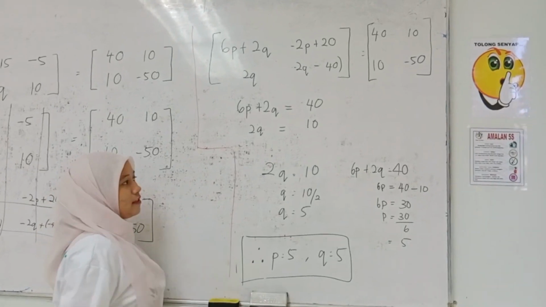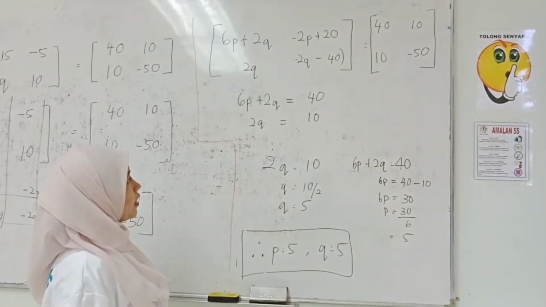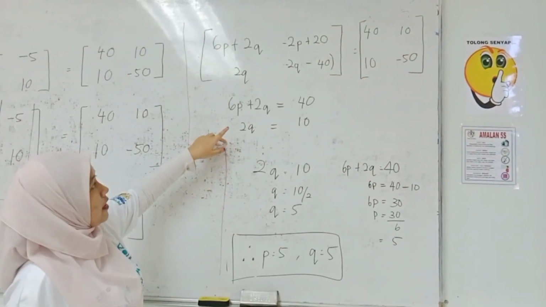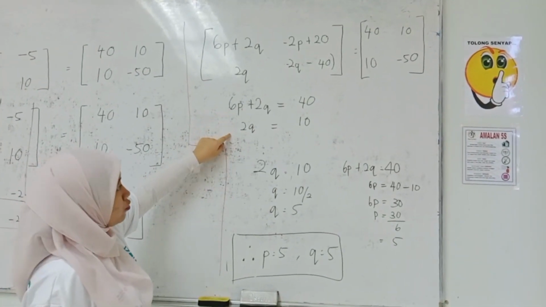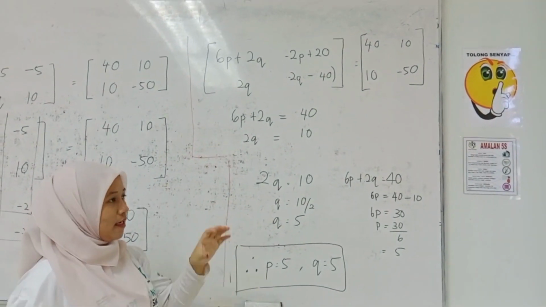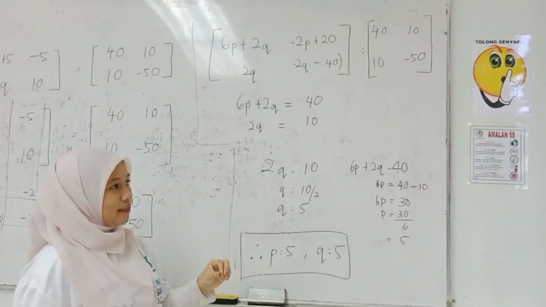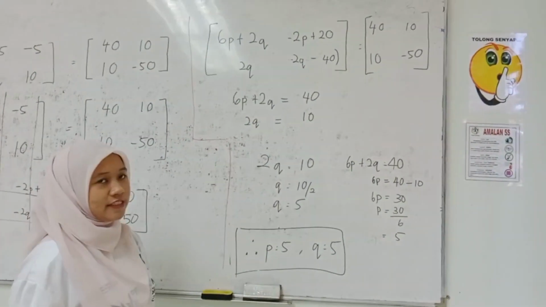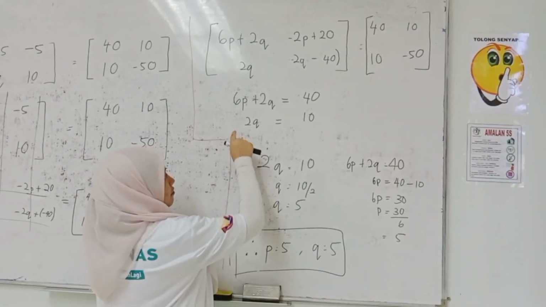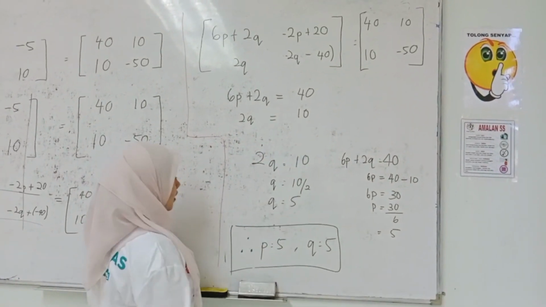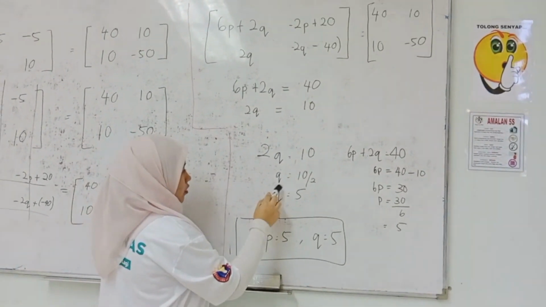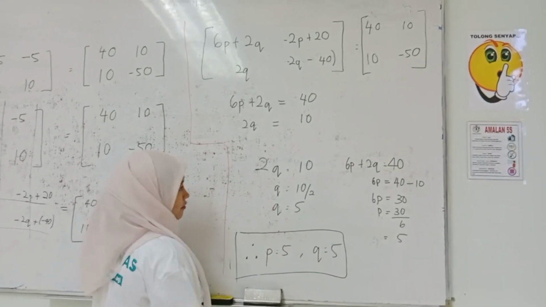So how to make simultaneous equation is you take either equation 1 or equation 2 to make q or p a single answer. So we have 2q equals to 10. q equals to 10 over 2, we get 5.